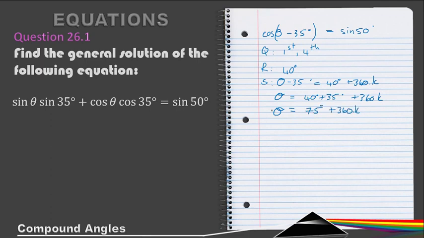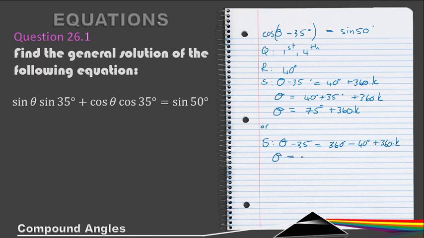Alright, to solve for the fourth quadrant, it is 360 minus my reference angle, so theta minus 35 is equal to 360 minus 40 degrees plus 360k.